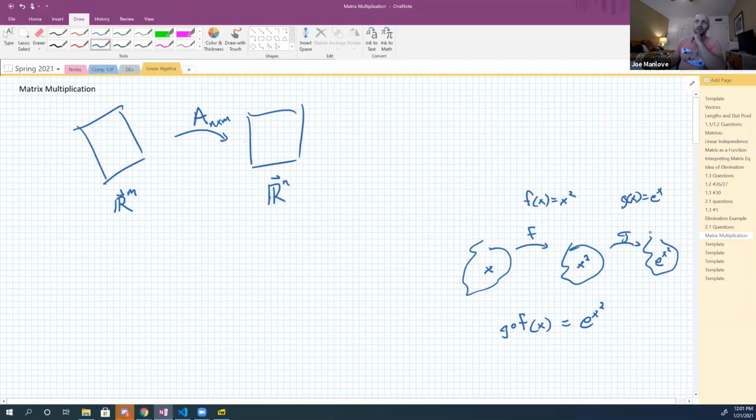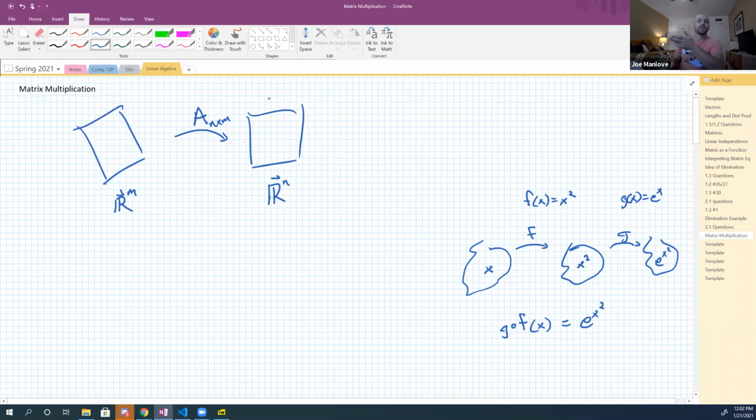Since I've had you guys for Calc 3 and maybe not for other stuff, have I drawn this picture before? I don't think so. Okay. Does it make sense though? Yes. Okay, cool. So, same deal here. A is a function.